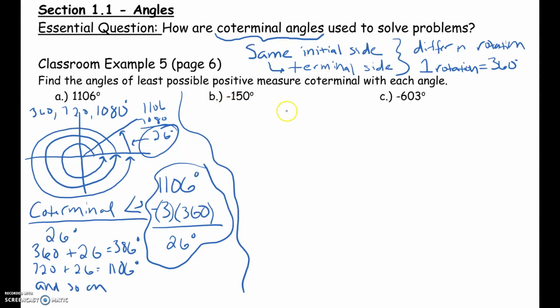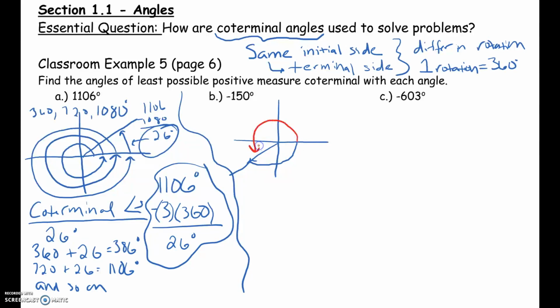Negative 150. Instead of going counterclockwise, I need to go clockwise. Starting at 0, I'm going to pass negative 90, and over here is where negative 150 lies. That's in quadrant 3. So what angle am I looking for here? I'm really looking for this angle.